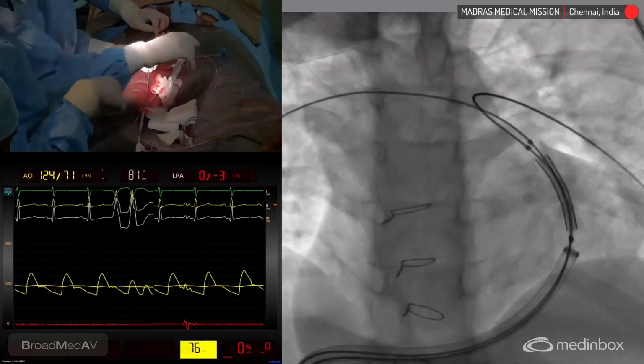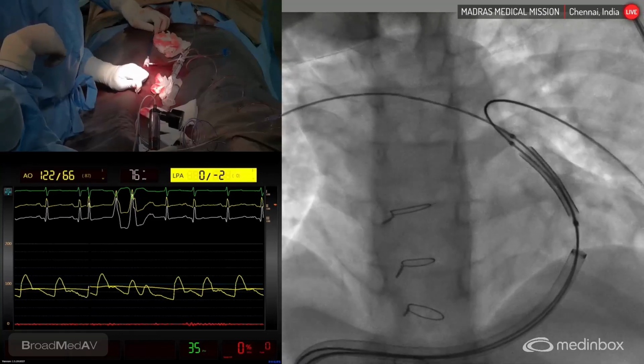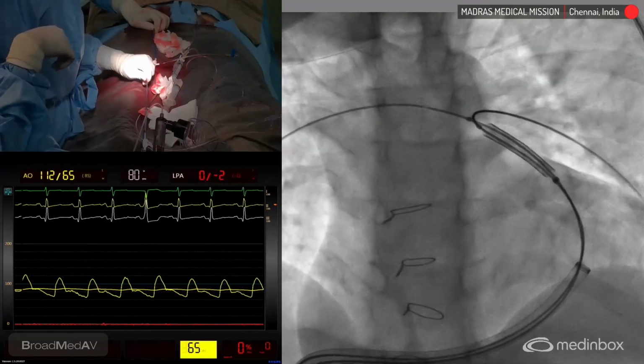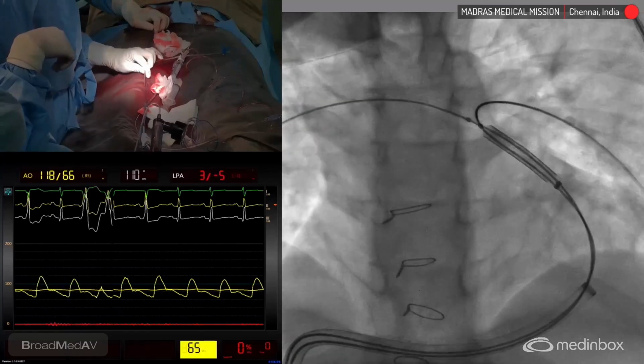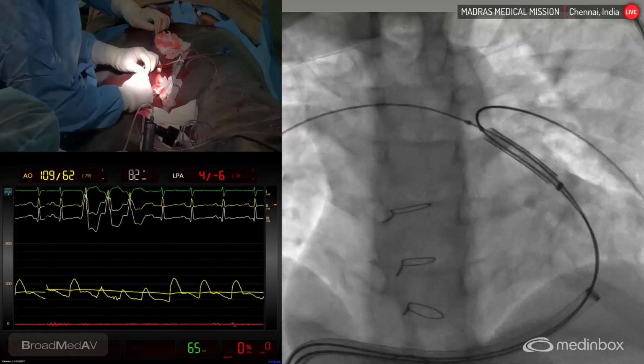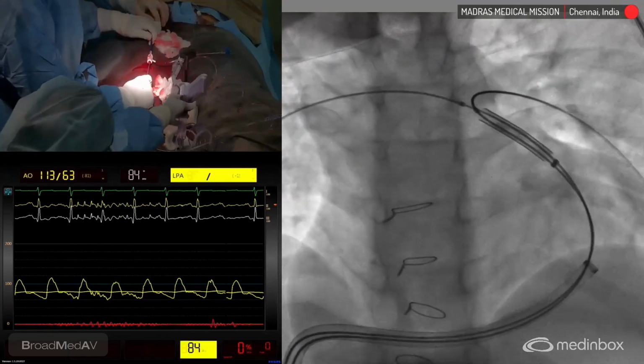So here we are advancing this assembly deeper, so that it goes almost into the bifurcation. Hold the two wires together.